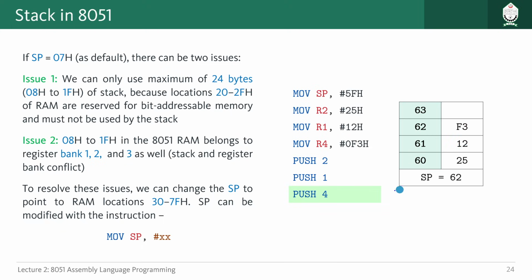Then another push, coming from R4, so this value is saved onto 62, and SP again gets incremented by 1. In this way, it is not conflicting with register bank 1, 2 or 3, or the bit addressable memory, because we have started from the 5FH address, which is just part of scratchpad memory, general purpose memory, so it will not cause any kind of conflicts.